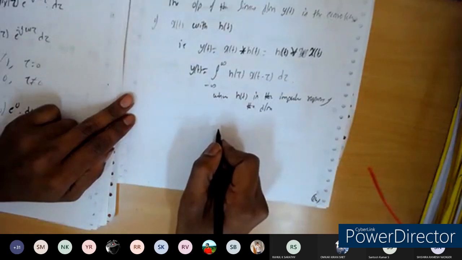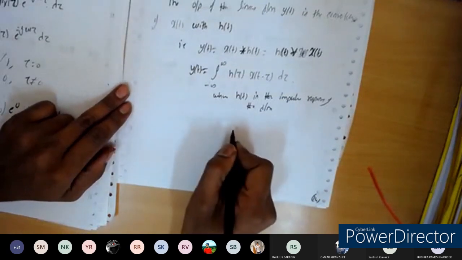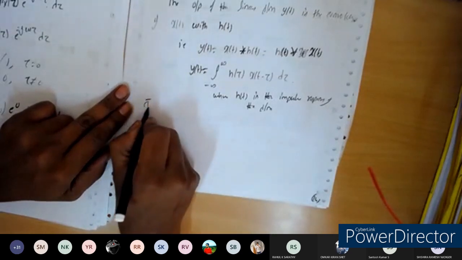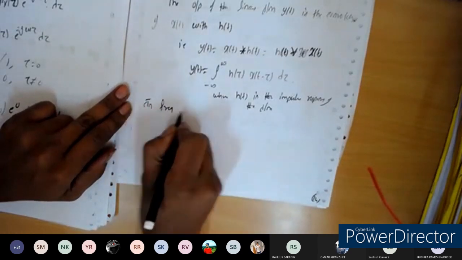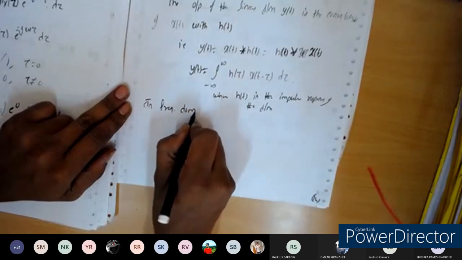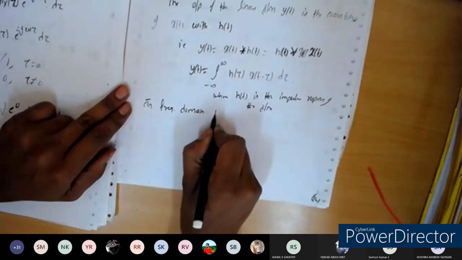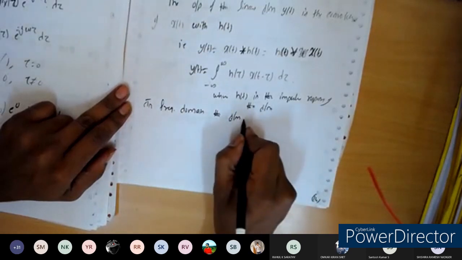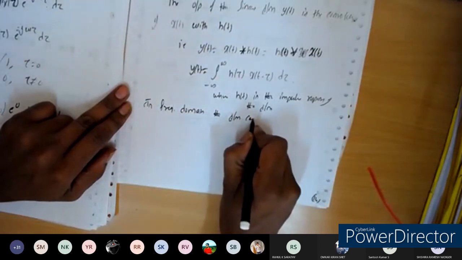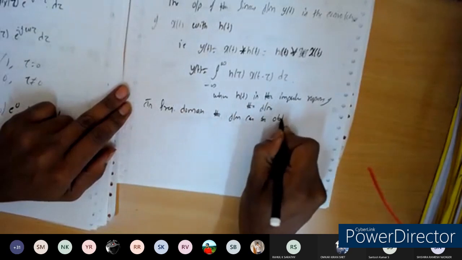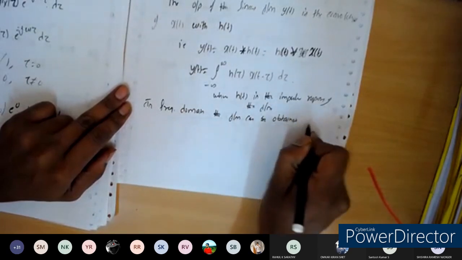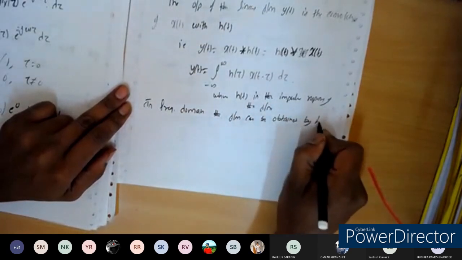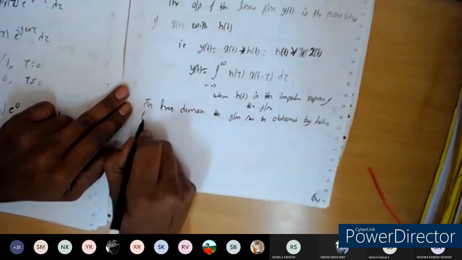In the frequency domain, the system can be represented, the system can be obtained by taking the Laplace transform.